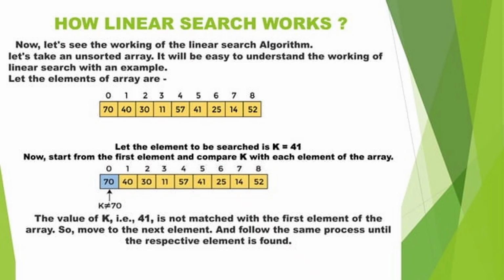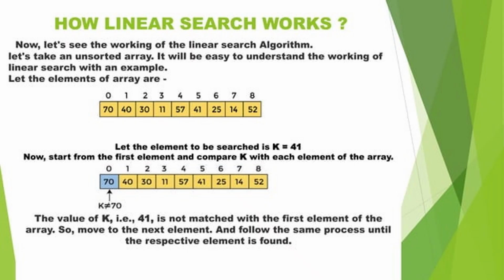Now, linear search means, as I have already explained in the previous slide, it is also called a sequential search. You have to start comparing that 41 with each and every number starting from the beginning.